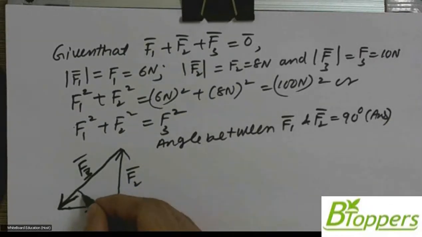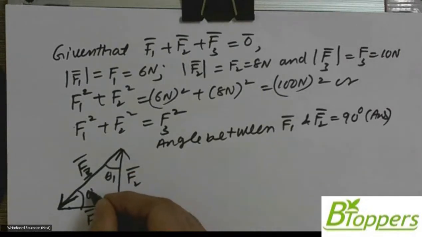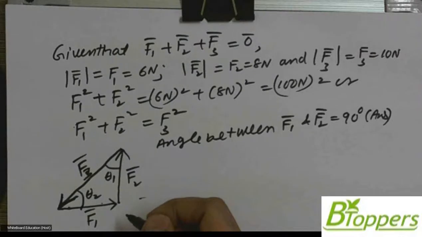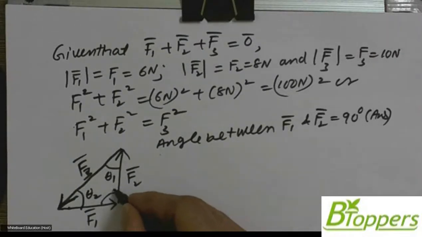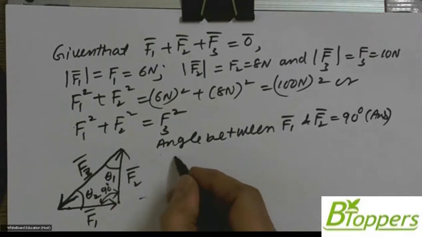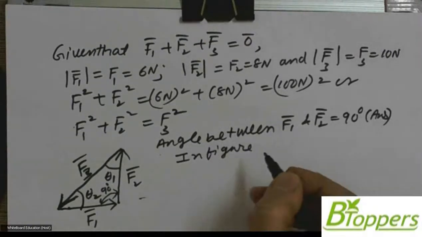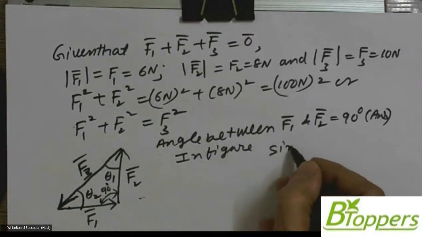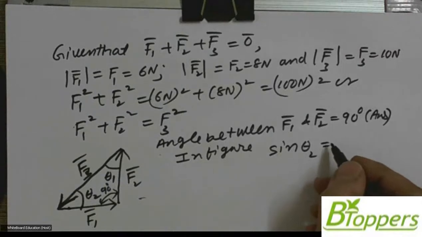Next, let us call this particular angle as theta 1 and this angle as theta 2. So in the figure, we have a right angle triangle. So sine theta 2 can be written as length of side opposite to theta 2 divided by length of the hypotenuse side.